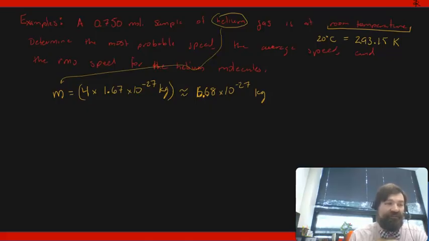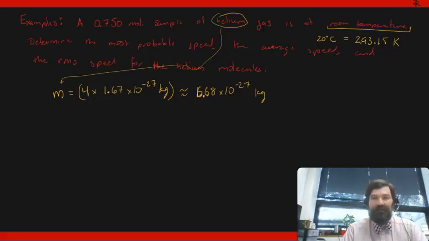It doesn't really matter that much why we've chosen this. The answer doesn't change. If I choose 0.5 or 3 or whatever, we just needed a large number of helium atoms. 0.75 moles is a large number: it's 0.75 times Avogadro's number.